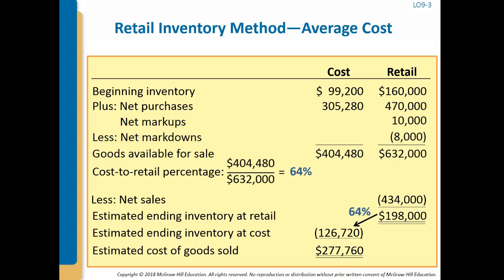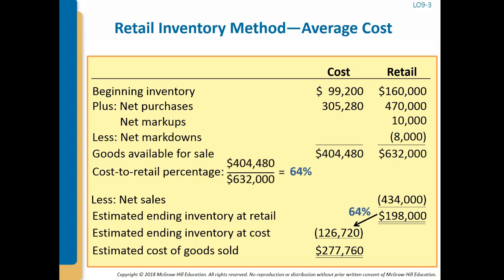By deducting net sales of $434,000 from goods available for sale at retail, $632,000, we arrive at an estimated ending inventory at retail of $198,000. Next, the estimated ending inventory at cost is calculated by multiplying $198,000 of estimated ending inventory at retail by the cost to retail percentage of 64%.